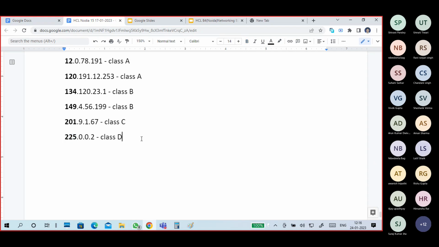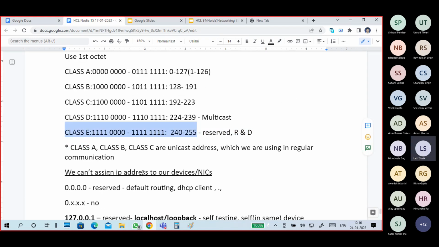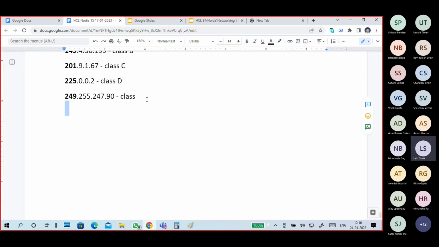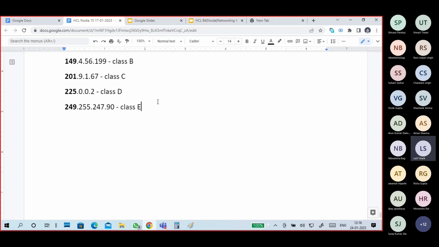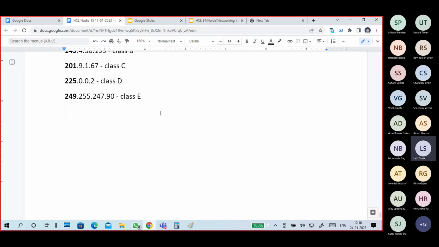Very good. 249. Where is 249? In this range. Class E. Okay. So out of these, class A, class B, and class C are important because we use them daily.